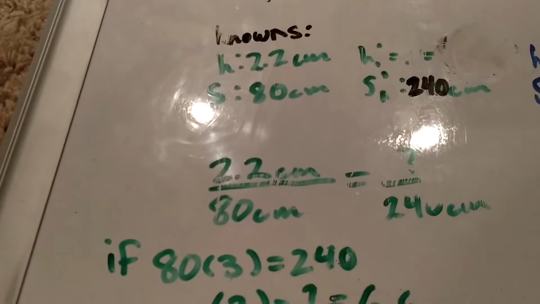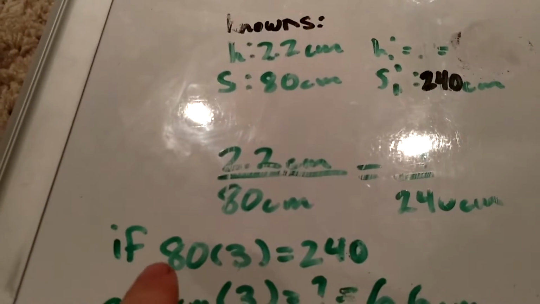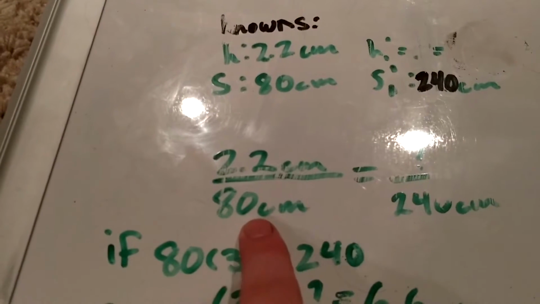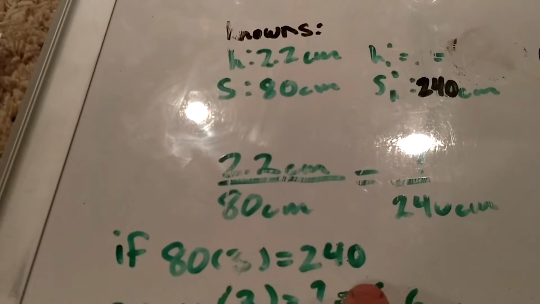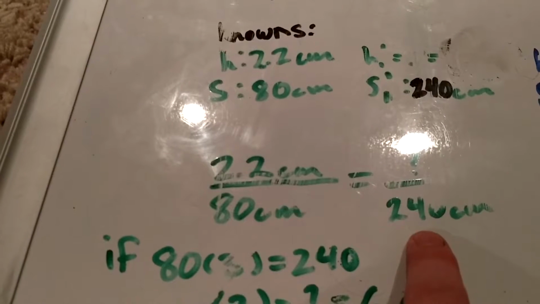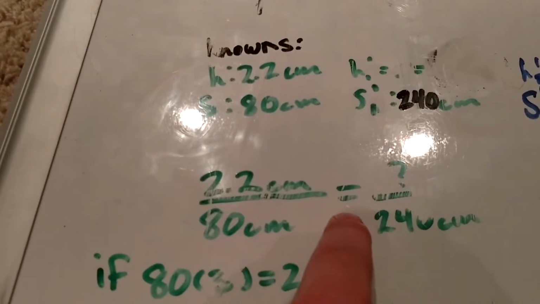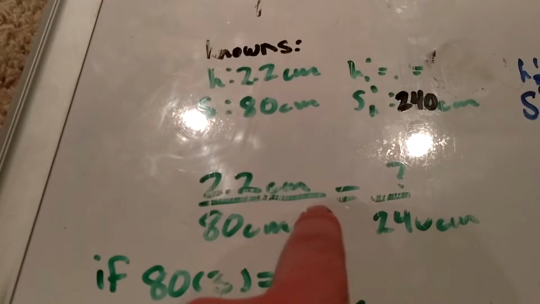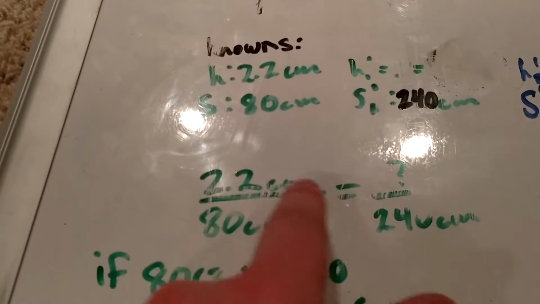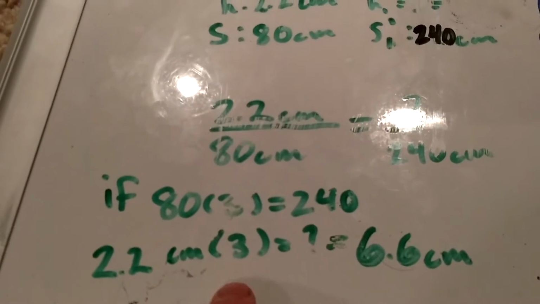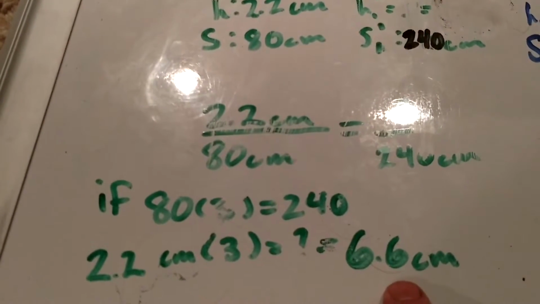An easier way to think about it is if you multiply our initial denominator, 80, by 3, you get our final denominator, 240. So, to keep the ratio correct, you have to multiply 2.2 by 3 as well, and we get 6.6 centimeters.